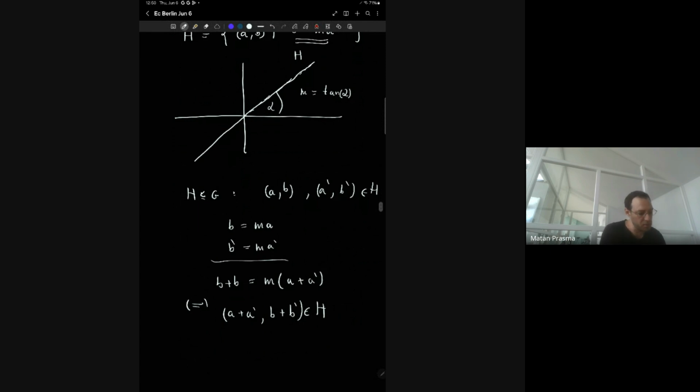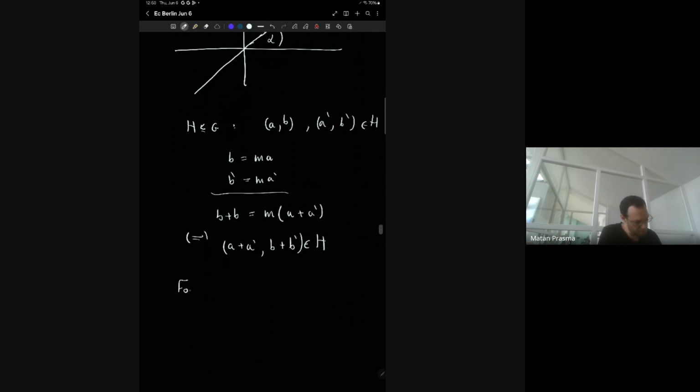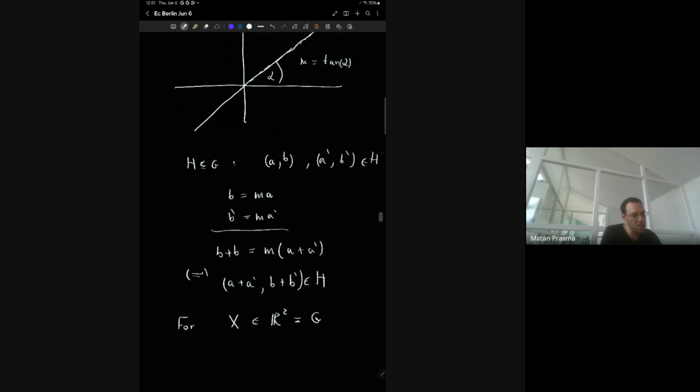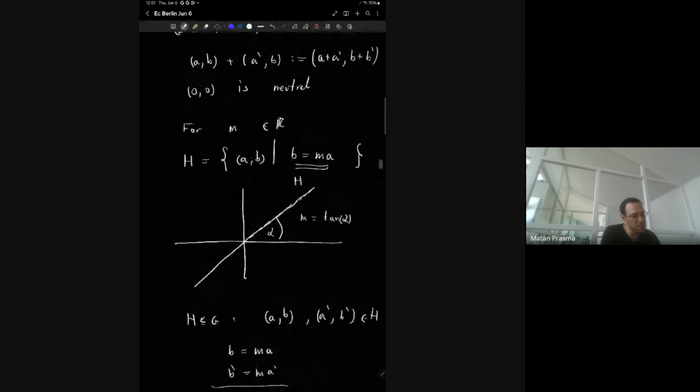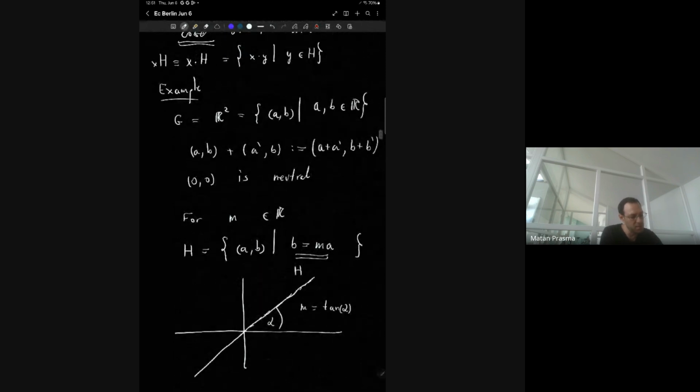Okay, and now if I do the cosets, I pick capital X to be an element in R2. And I want to consider what is the coset of H with respect to X. But note that for this group G we are using additive notation, right?